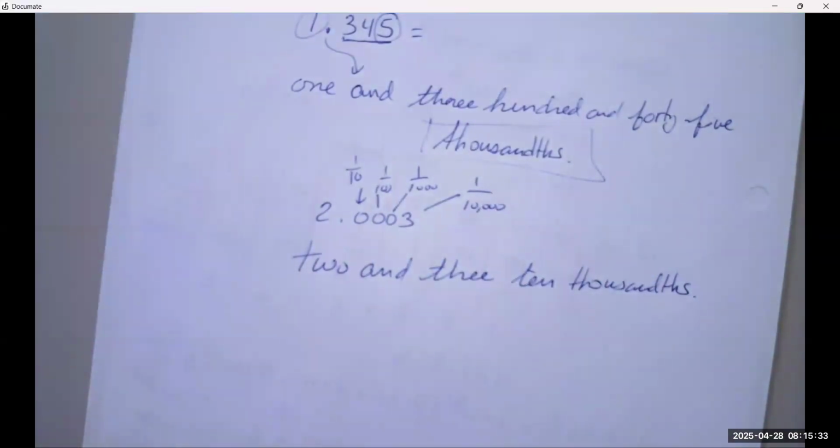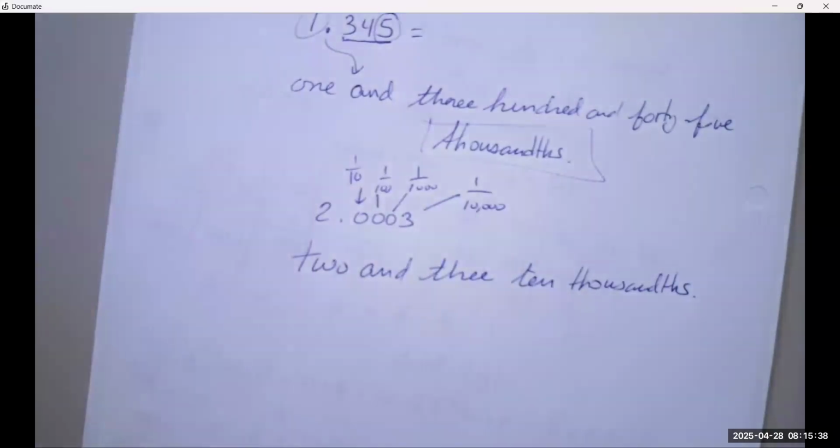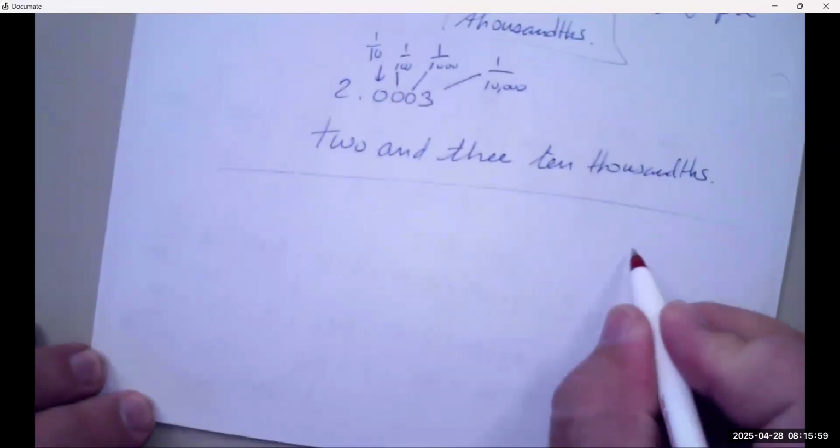Let's look at some examples. How would you use manipulatives to teach this stuff? Remember, things have now changed.